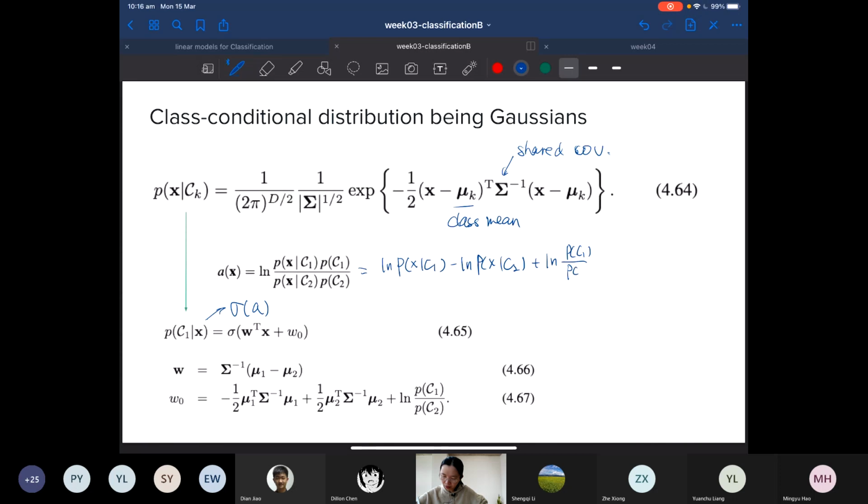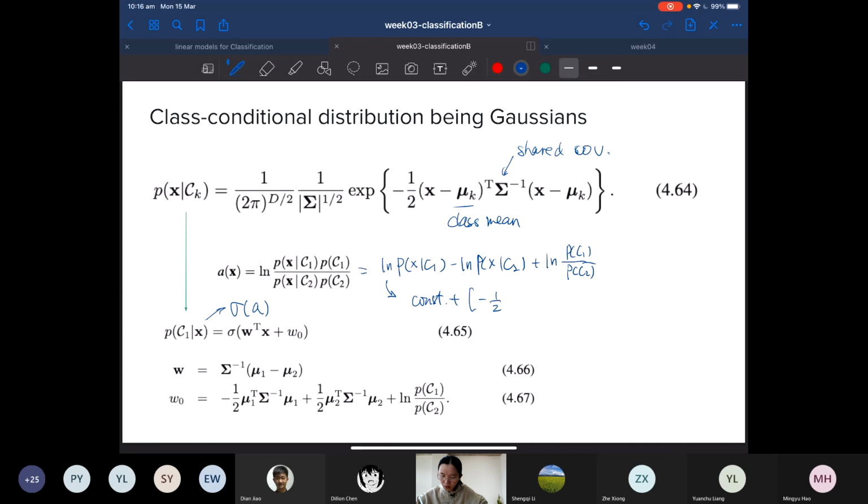If we look at the first term, it is essentially some constant, the shared covariance, which we don't care about, plus the log of x cancels out. It's basically the quadratic term in here.